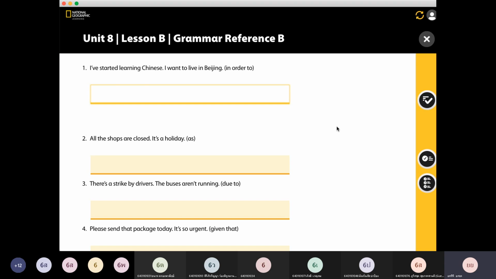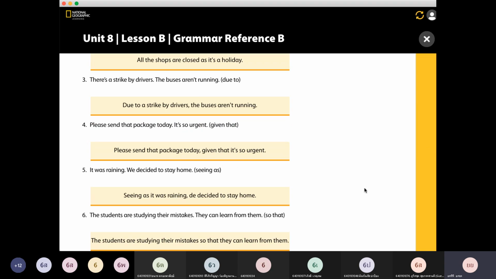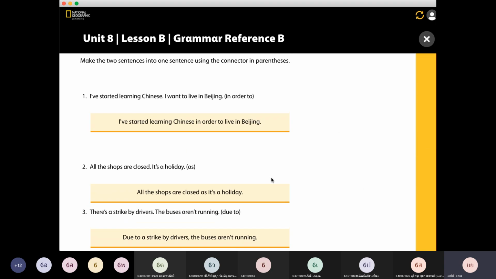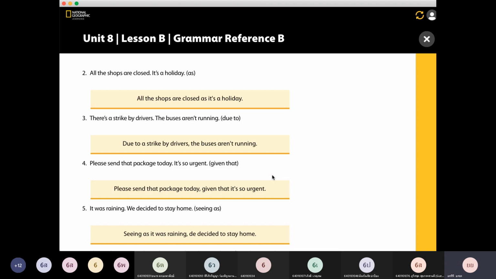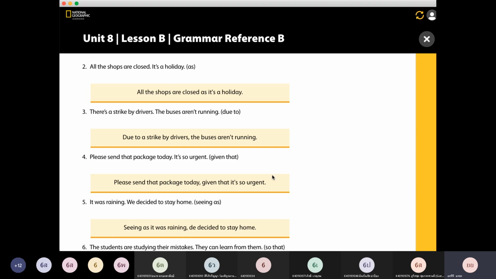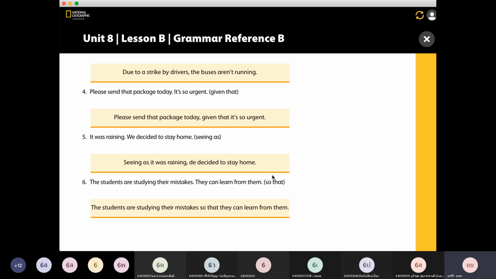So you can connect them just like this, I can show you all the answers here. I've started learning Chinese in order to, and all the shops are closed as and due to this is one, the buses aren't coming, and please send the package given that it's so urgent, seeing as it was, and we decided to stay home, and the last one is the students are studying here so that.